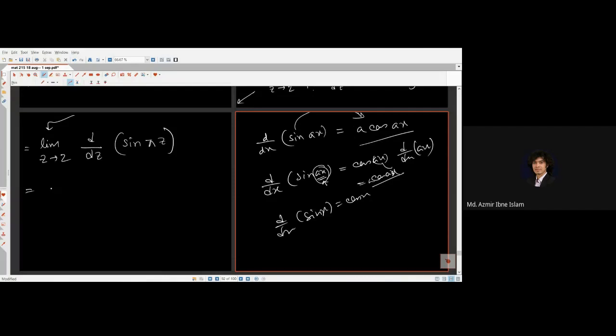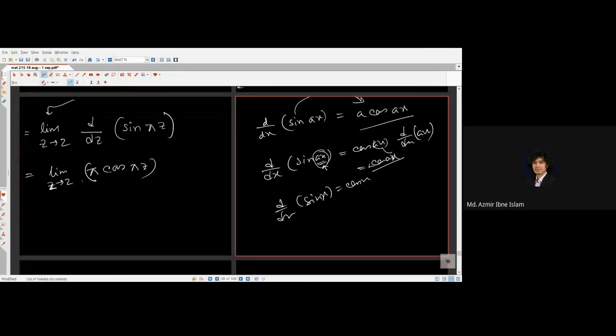So it will be limit z tends to 2, and the result is pi cosine pi z. Now this is becoming a limiting problem. We have to input the value of z.